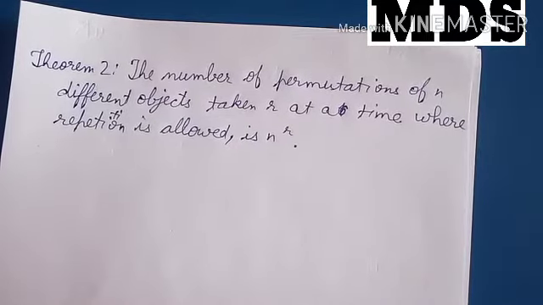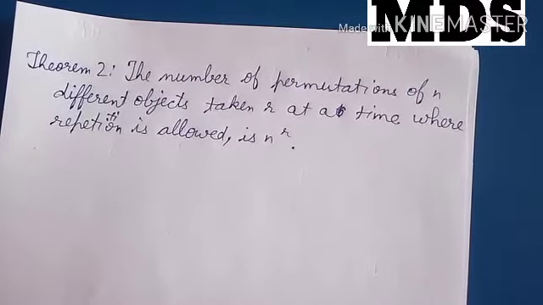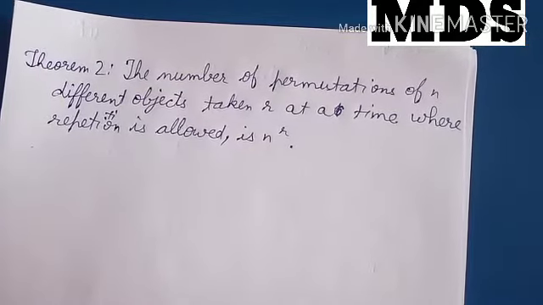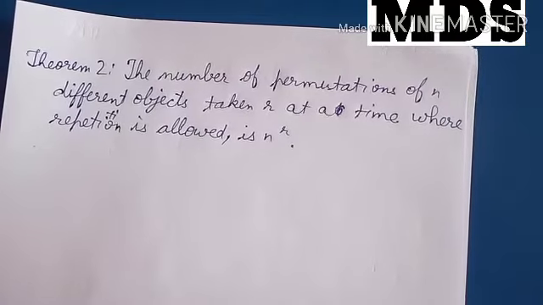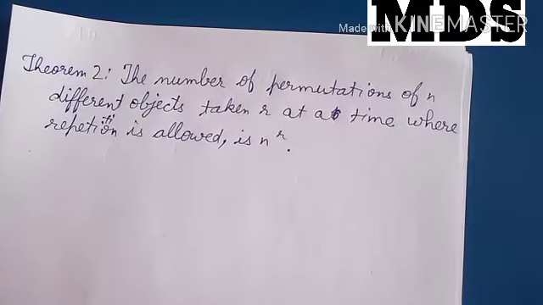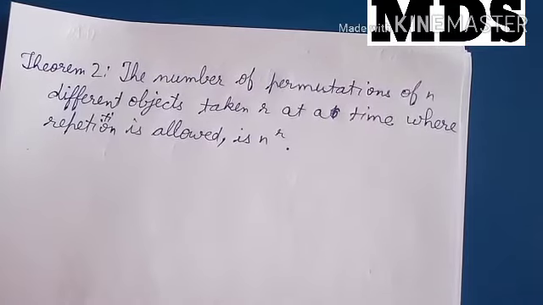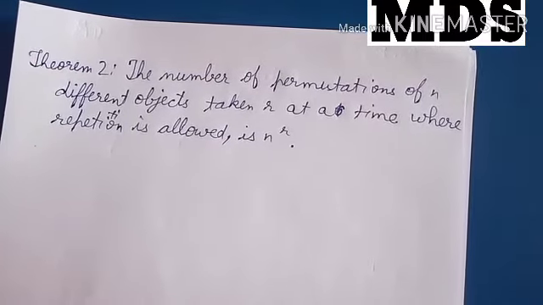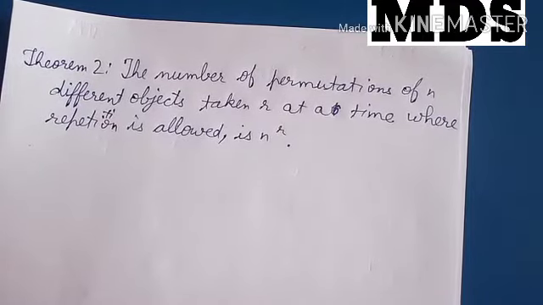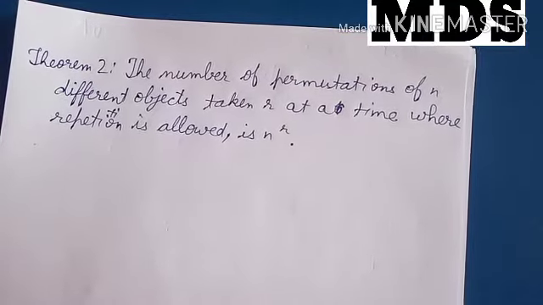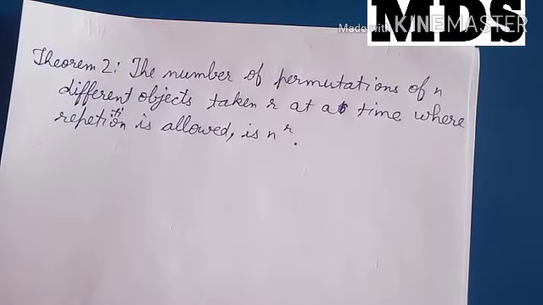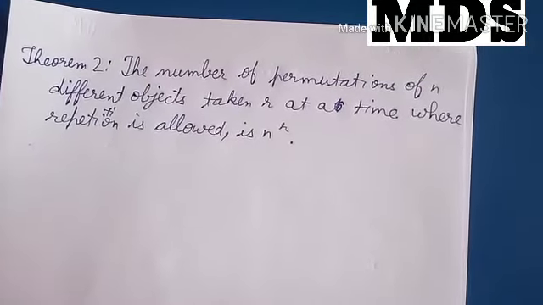The first theorem was that the number of permutations of n different objects taken r at a time, where the value of r lies between 0 and n and the objects do not repeat, is given by n into n minus 1 into n minus 2, in this way till n minus r plus 1, and that is denoted by nPr. Its proof is quite similar to that. Here we can take some example.